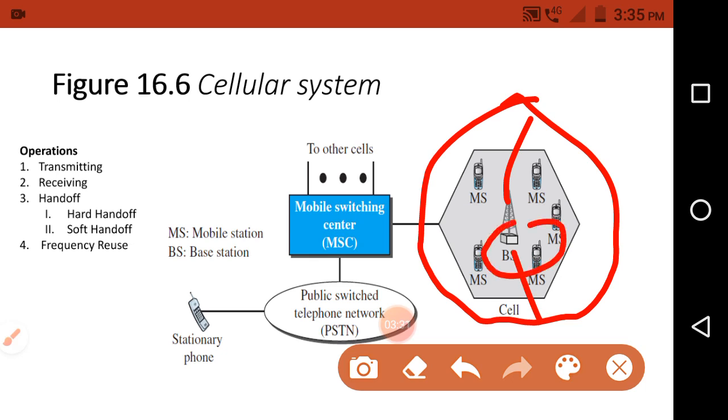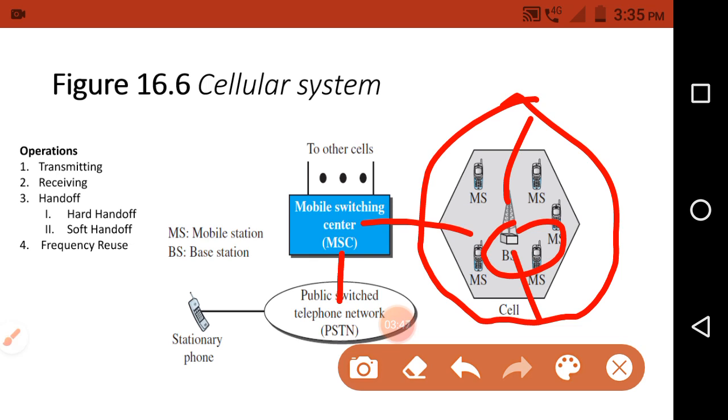The base station, BS, is in turn controlled by the mobile switching center. And this mobile switching center is in turn controlled by the telephone office or the public switched telephone network.